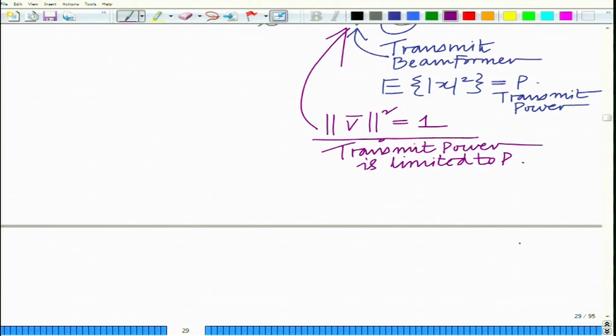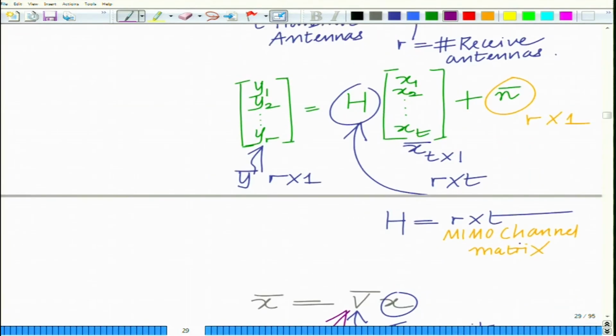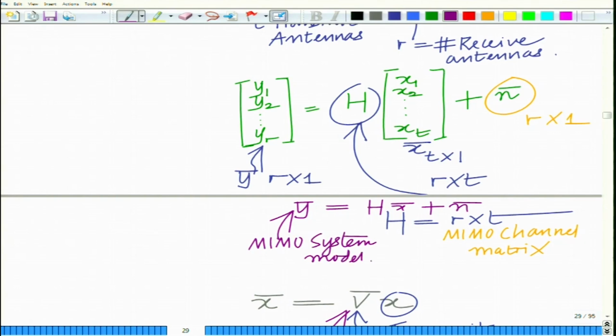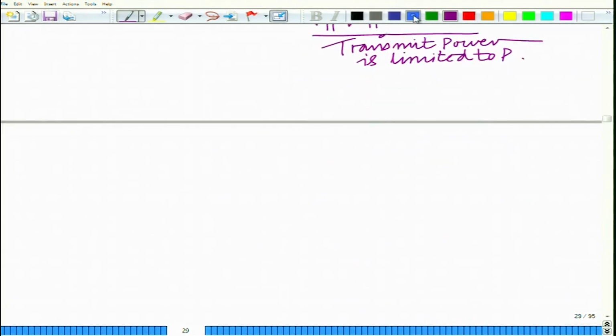Now remember we have this system model, which is y bar equals H times x bar plus n bar. This is your MIMO system model.